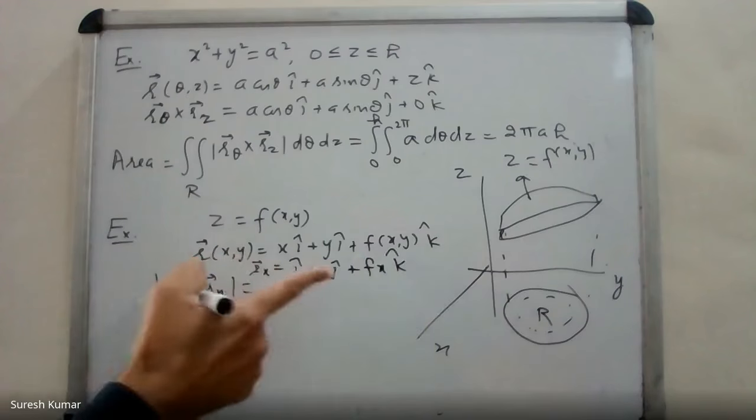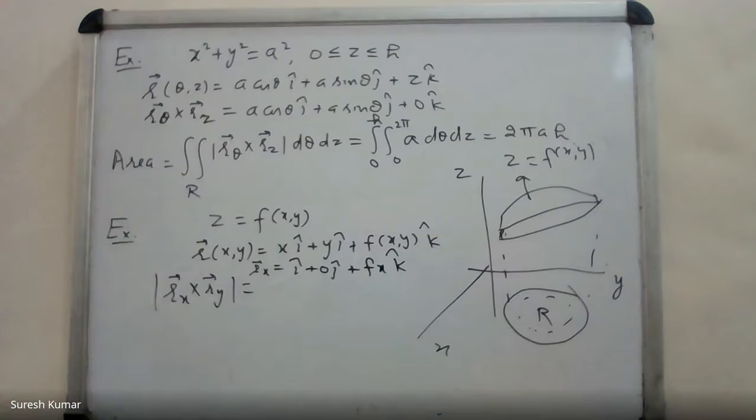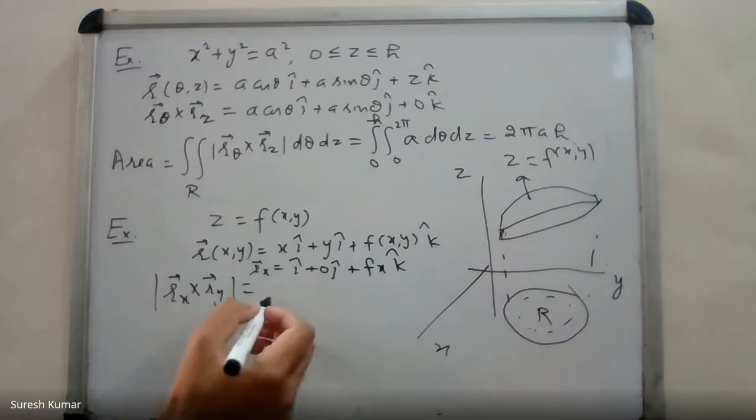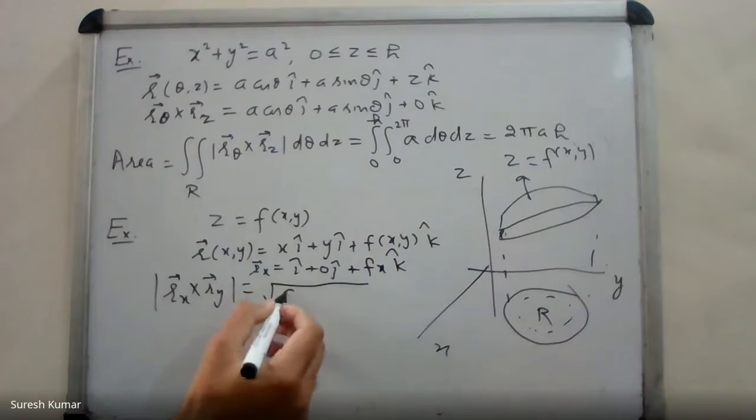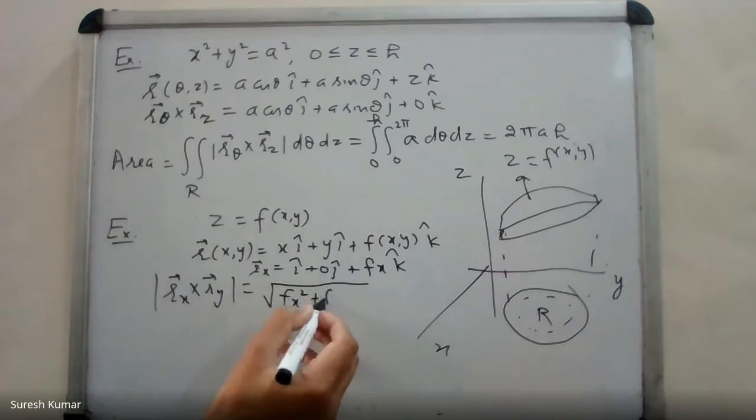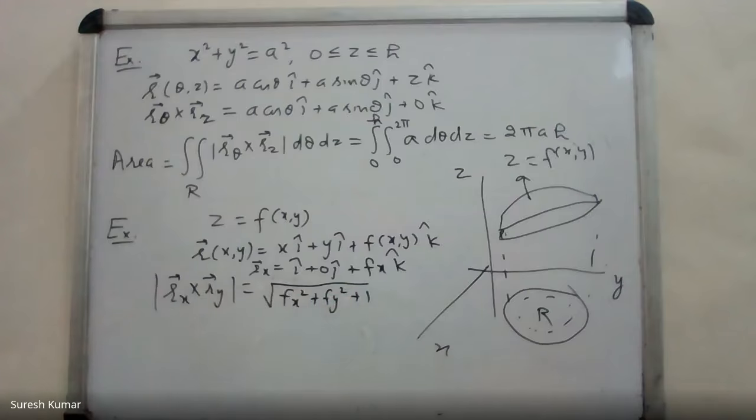Similarly, you can find Ry. Find the cross product of the two and then the magnitude. I'm writing it directly. You need to verify it. You get this expression. So what is the area formula for this surface given in explicit form?